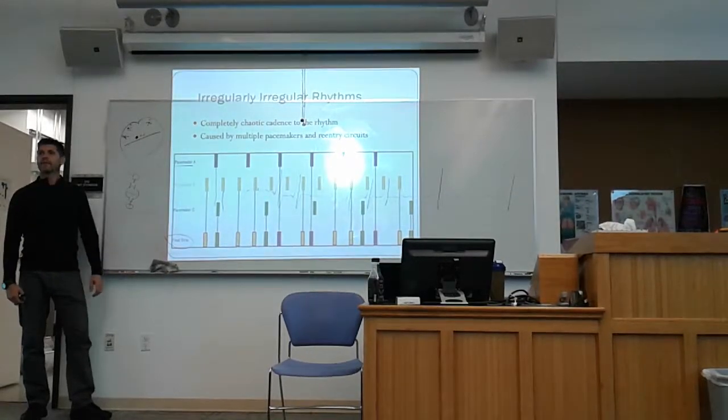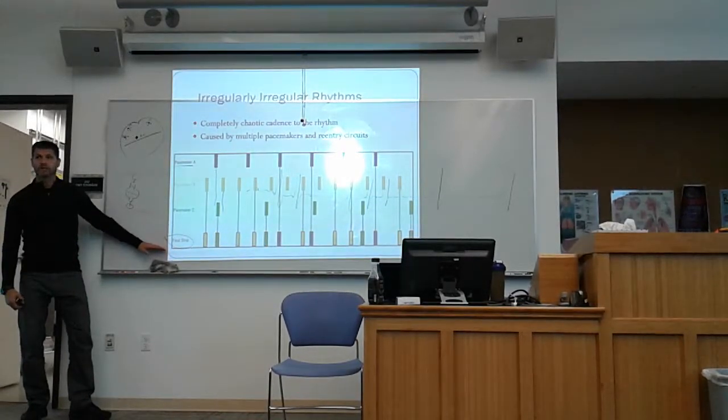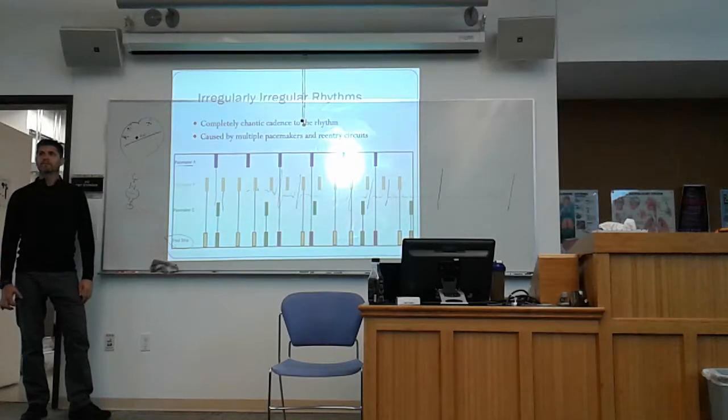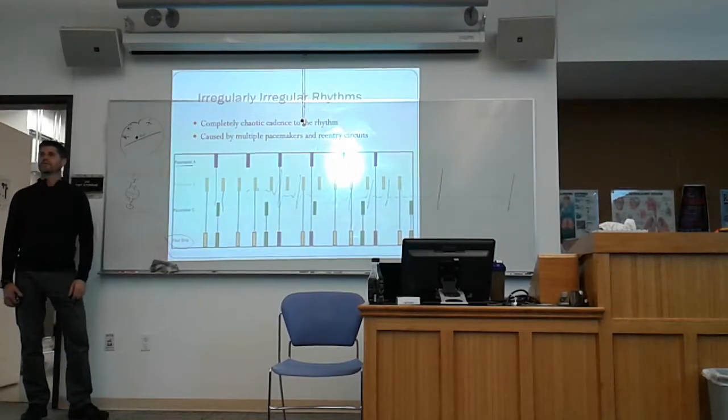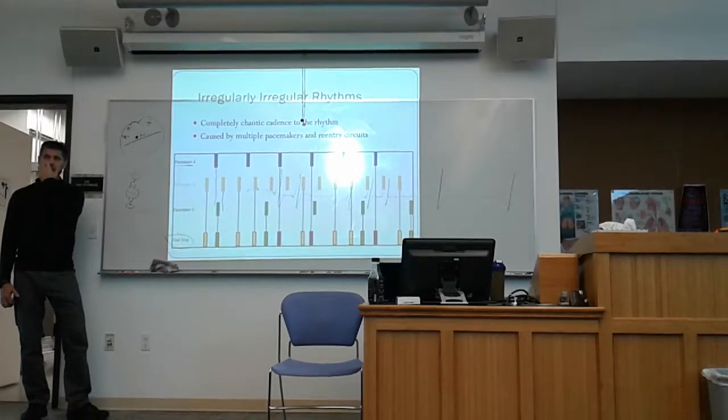Correct. In and of themselves, those pacemakers are not firing sporadically. No. Those particular pacemakers are firing very regularly on their own. But there are several different pacemakers. So essentially, that's just a hodgepodge mix of escape beats.